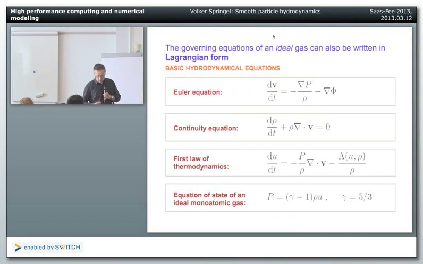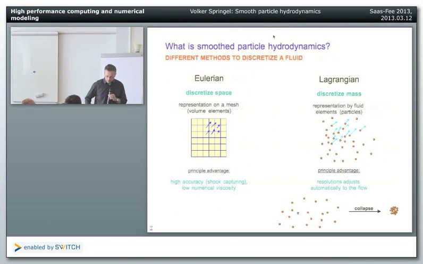So we have already seen what the Lagrangian equations of motion are, and SPH is a Lagrangian technique which works directly with these equations. And basically, when you want to numerically simulate fluid flow, you need to discretize the fluid somehow.